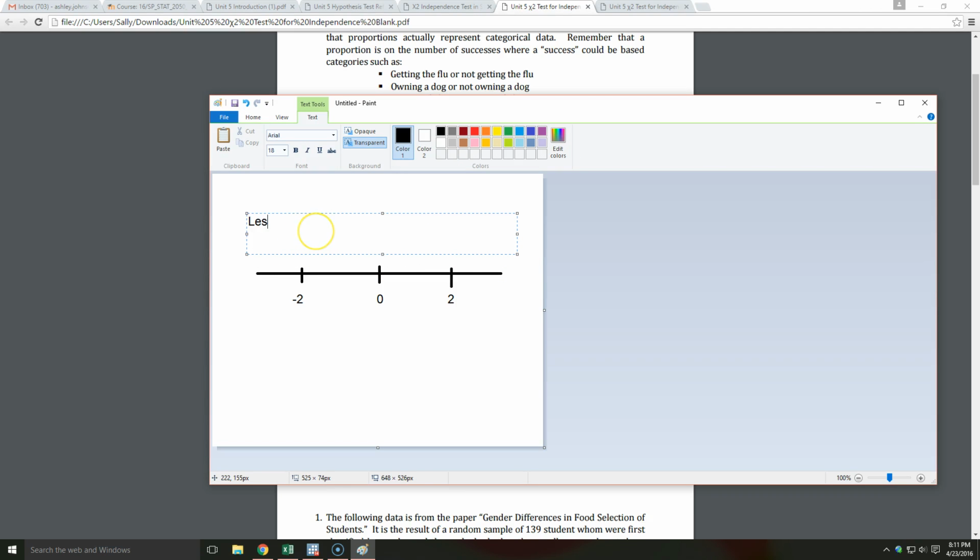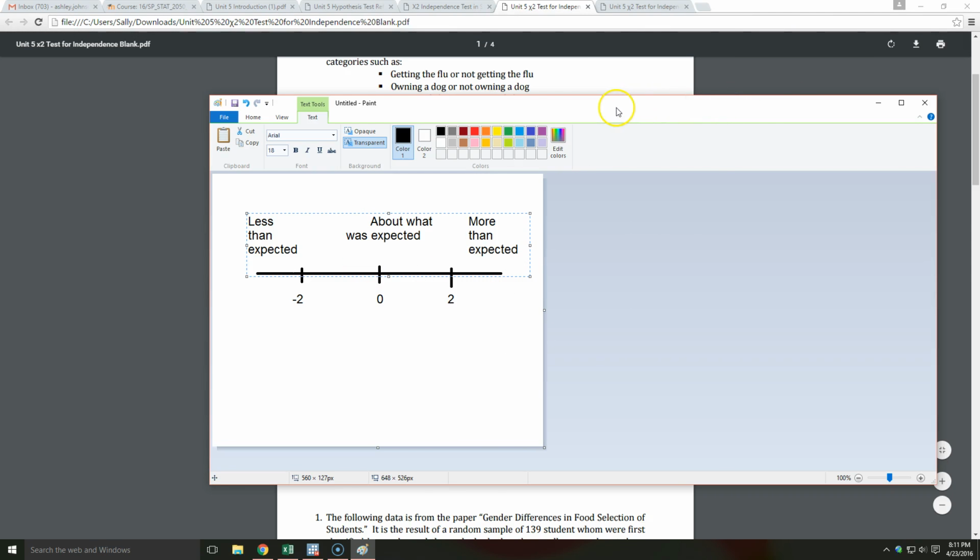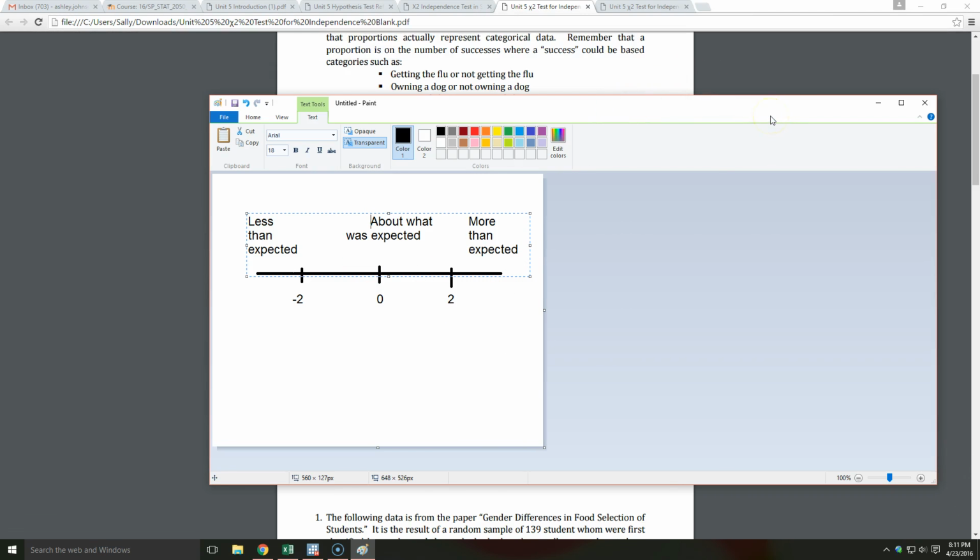So lower than -2, less than expected. If it's in between -2 and 2, then it's about what was expected. And then if it's outside of +2, then we'd say it's more than expected. So this again is very vague right now, but this is going to be kind of our guide as to interpreting our step 7. So this is something that I would have written down right now and refer to when we look at our first two problems.